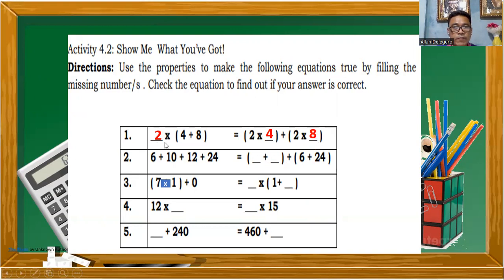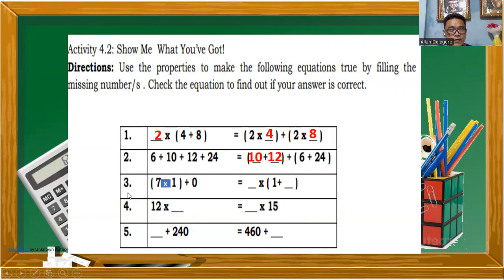So let's check. 4 plus 8 is 12. 2 times 12 is 24. 2 times 4 is 8, plus 2 times 8 is 16. So 8 plus 16 is 24. So number 2, the missing numbers are 10 and 12.